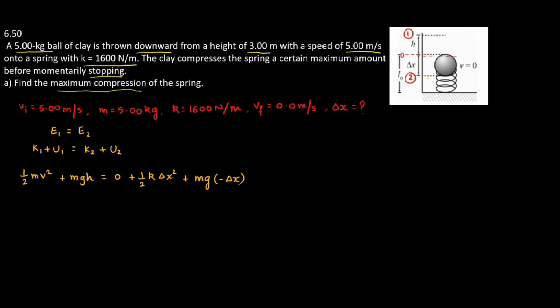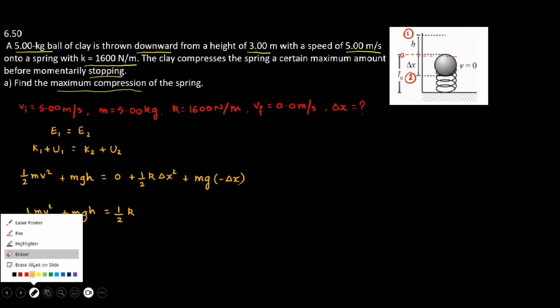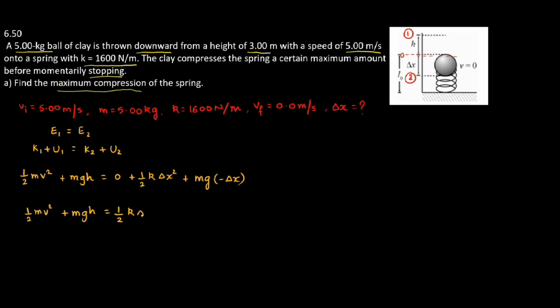If you go below the reference point, the displacement must be taken as negative. So we rewrite this expression: half m v squared plus m g h equals half k delta x squared minus m g delta x.